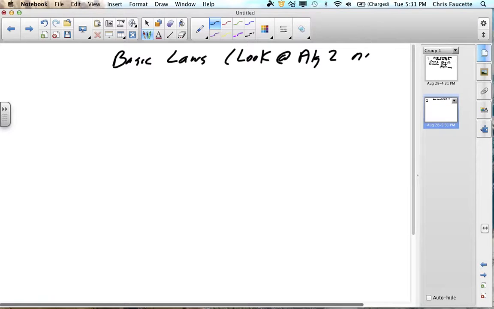Look at your Algebra 2 notes. You'll see all of these in there. Some number to the m power times n power is the same as a to the m plus n. A to the m over n.